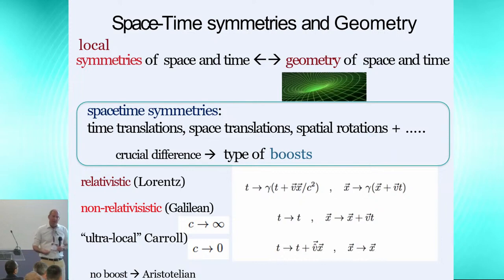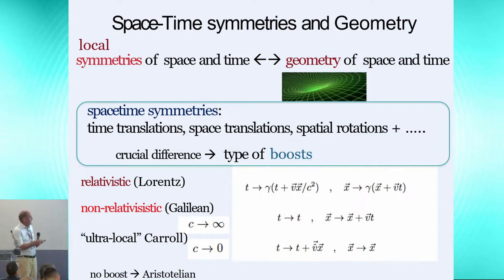But then, one of the distinctions, and there can be more distinctions if you're in string theory because it's a richer theory, but a first-order distinction of space-time symmetries is obviously what type of boost you have. So what type of relations between space and time do you have?